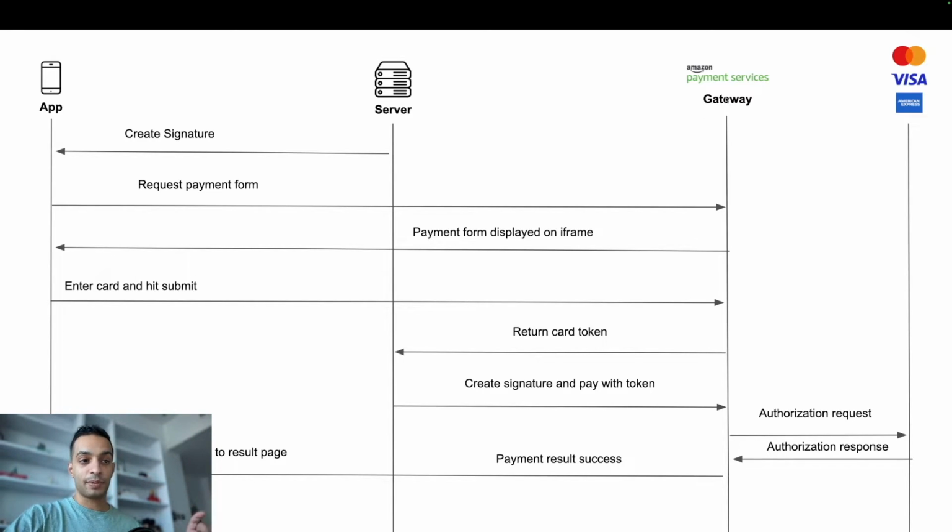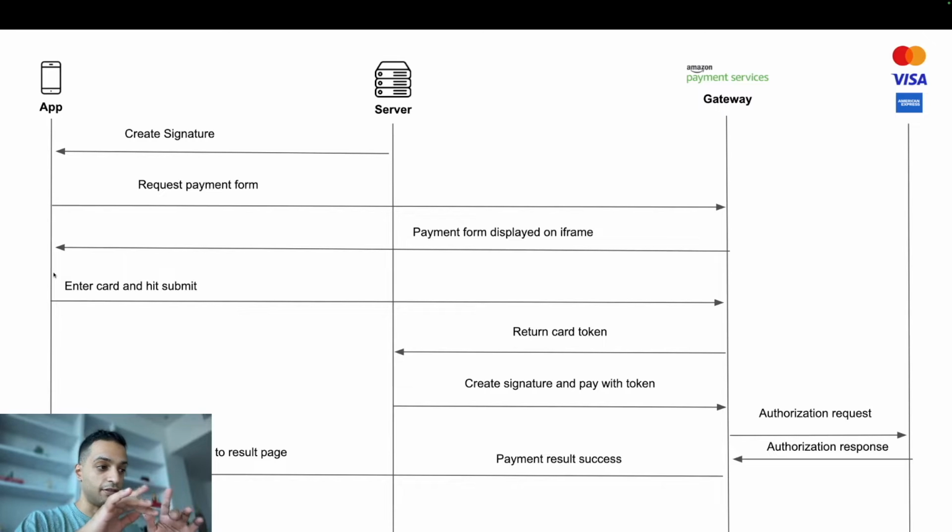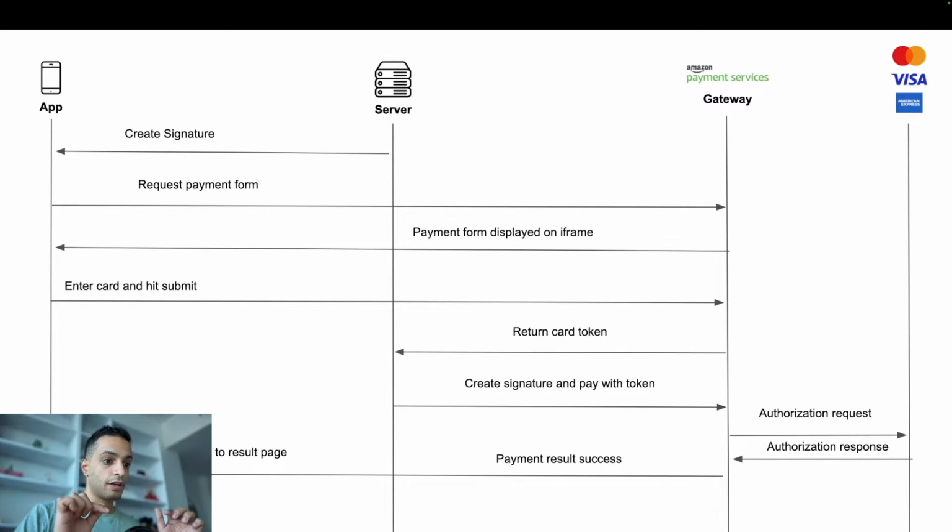Anyways, Amazon Payment Services will return that payment page iframe back to my app directly, where the cardholder can enter the card information into that page, and then the card information gets submitted directly to Amazon Payment Services, making it a PCI compliant solution. Then after the card information input is done, APS will post the tokenized card to a server endpoint of your choosing.